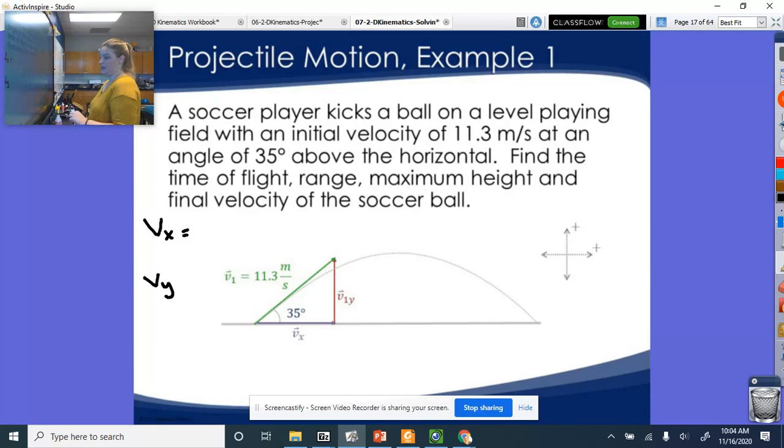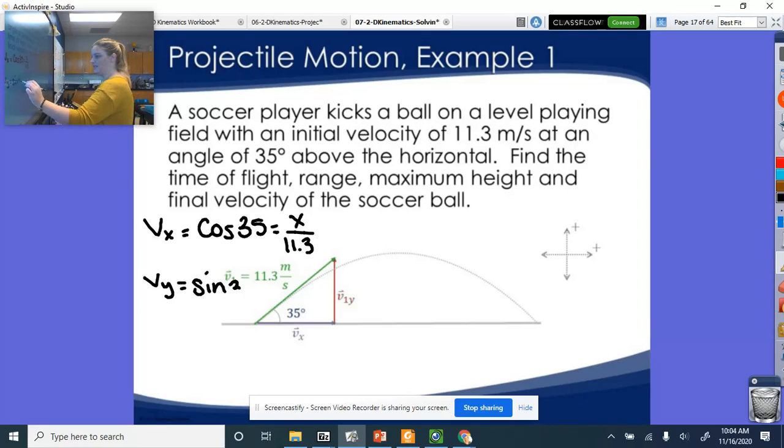So that's going to be my cosine of 35 equals x over 11.3. And then this is going to be my sine of 35 equals y over 11.3. So I can solve automatically for my two initial velocities.